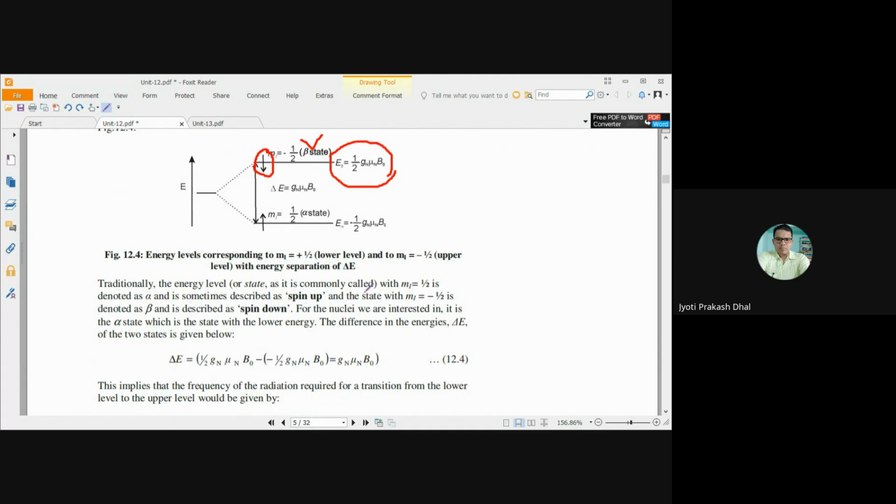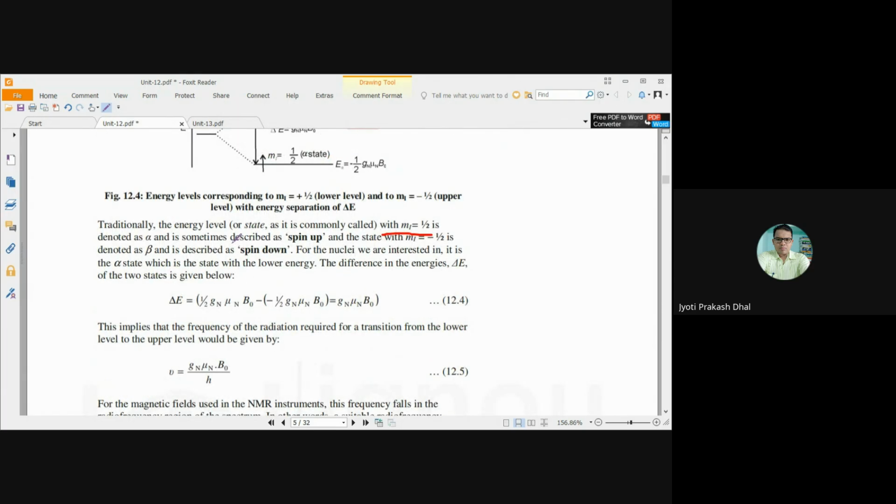The energy level with mI equals half, that is with spin parallel to the applied magnetic field, is denoted as alpha and sometimes described as spin up. The state with mI equals minus half is denoted as beta and is described as spin down.